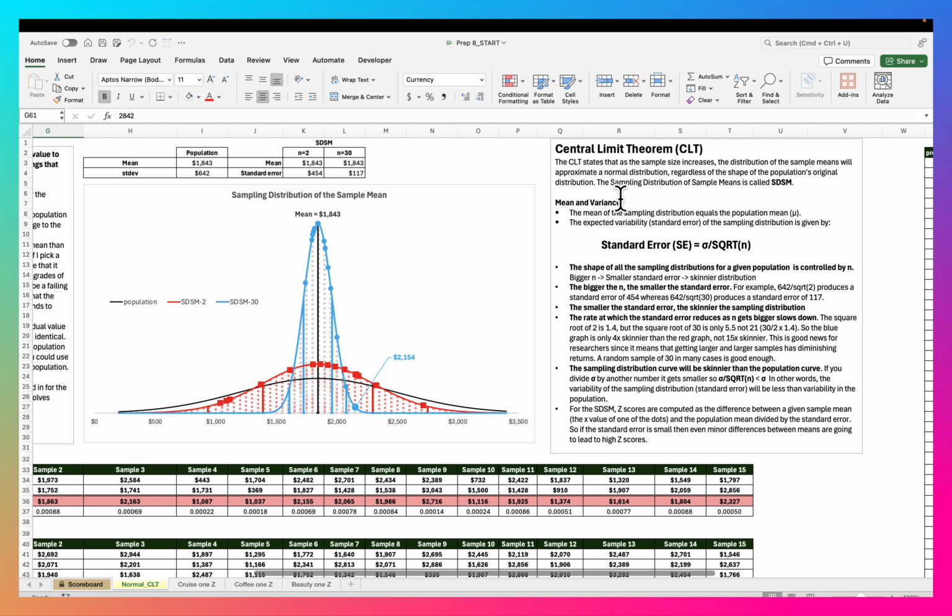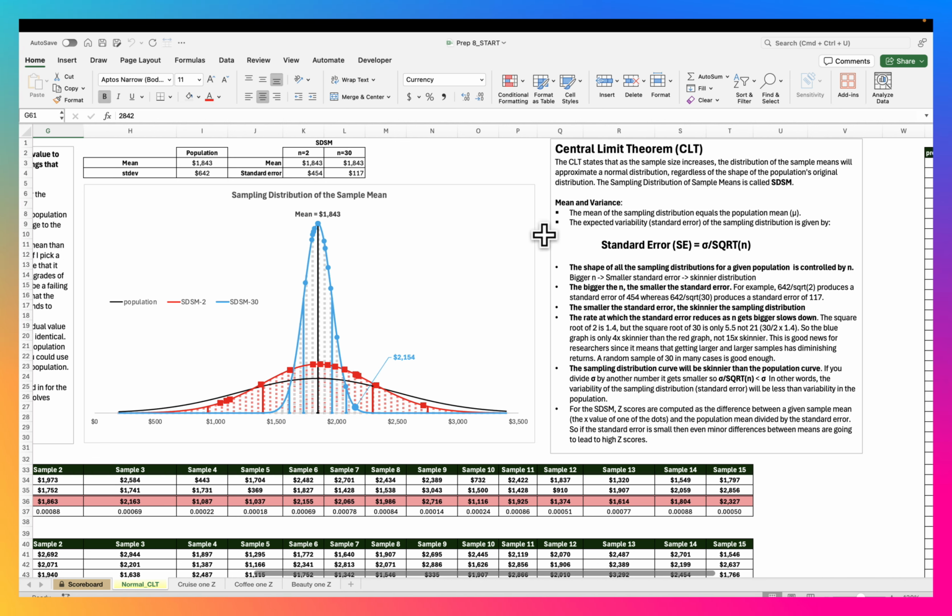The sampling distribution of sample means is called SDSM. So we have 2 sampling distributions of sample means. We have an SDSM30 for sample sizes of 30, which is the blue one, and an SDSM2, sample sizes of 2, which is the red line. And we put them both on the graph just for comparison purposes.